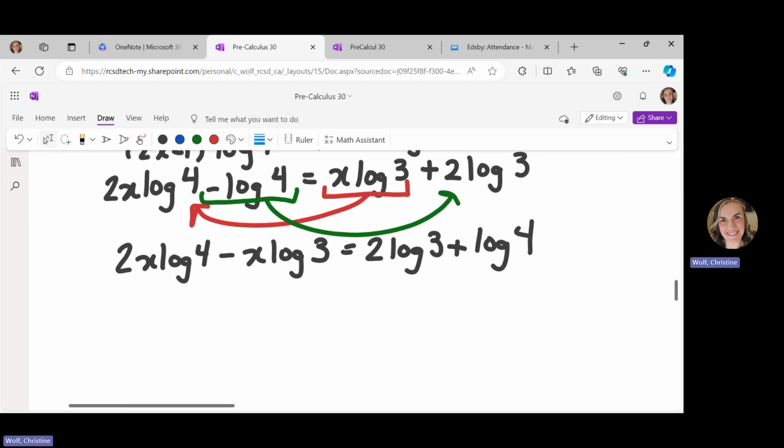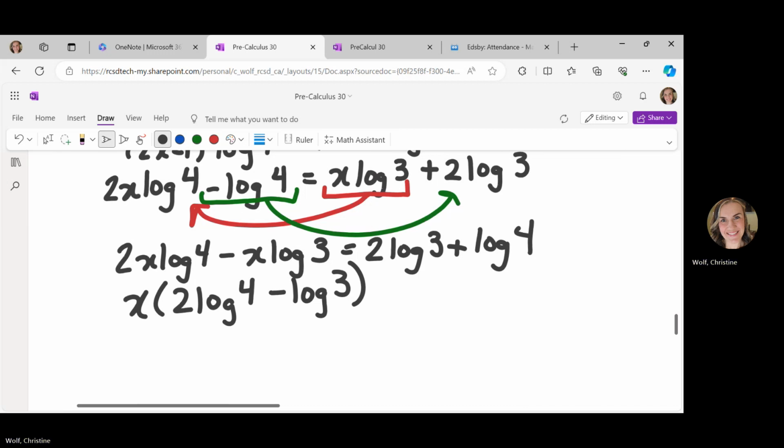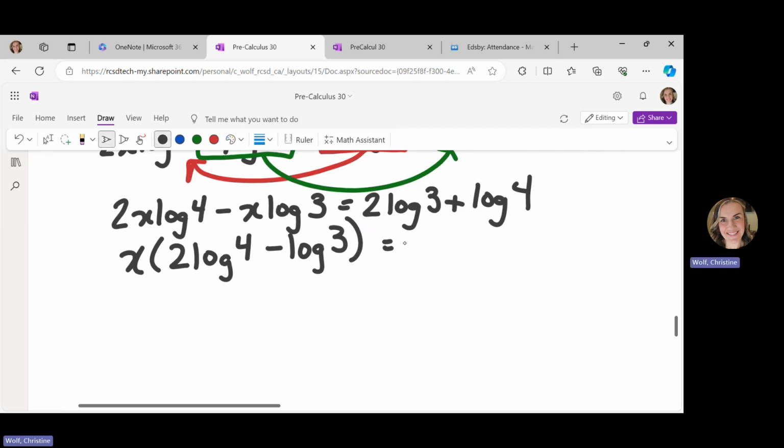X is a common factor in those two terms, right? What if I did that and all I have is 2 log 4 left minus log 3 left? I factored out the x because it's the common factor. And when you do that, you just have an x out front. And then your right-hand side didn't change.